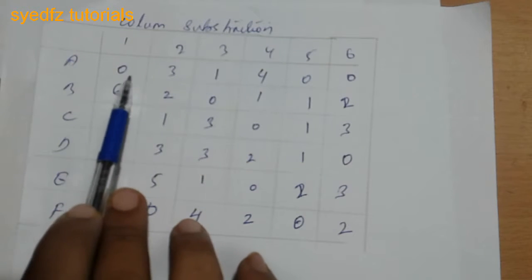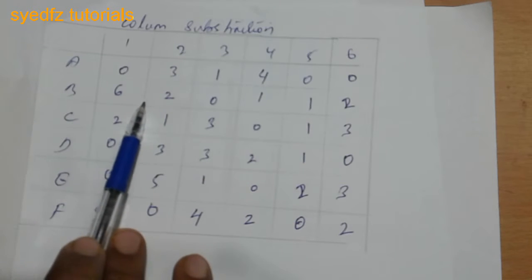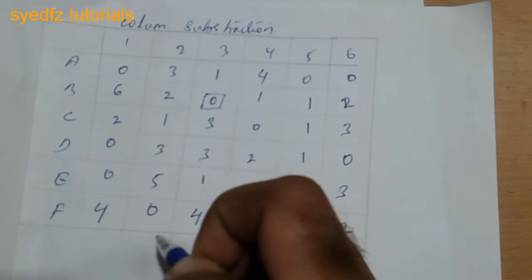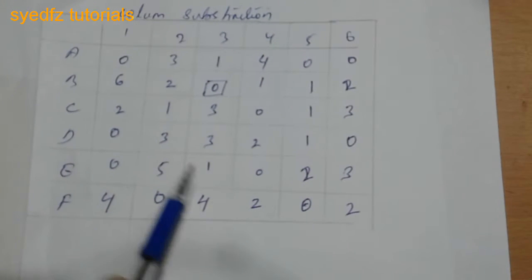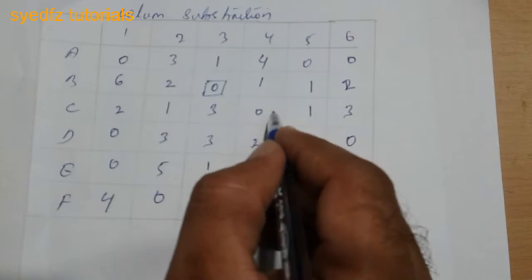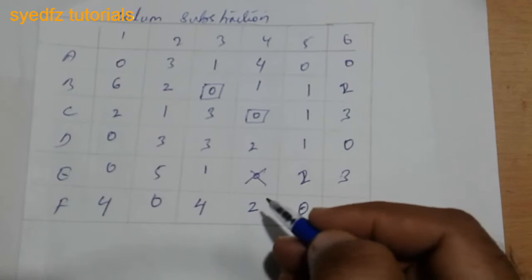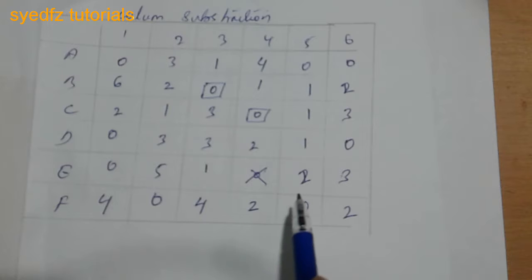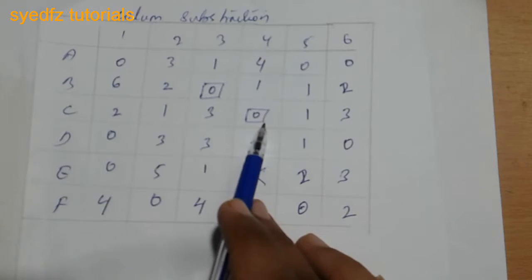First, row wise, this row has 3 zeros, so we can't take it; we only want a single 0 in a row. This row has a single 0, so assign this one. Any other zeros in its row and column? No zeros. Next, this one also has a single 0. Wait a minute, here is a 0, but I think I made a mistake.